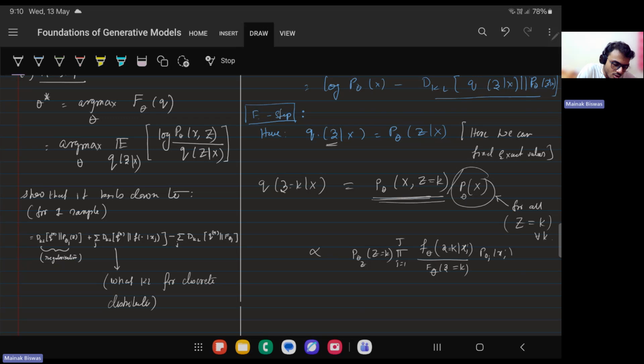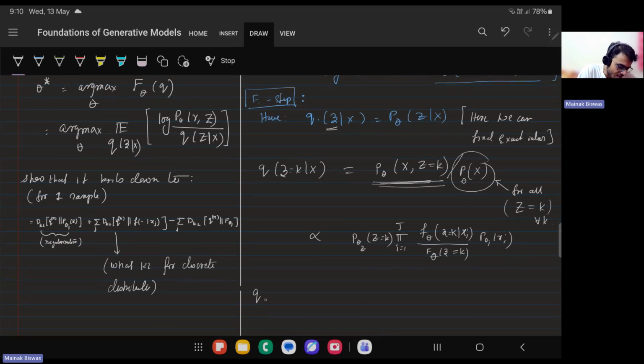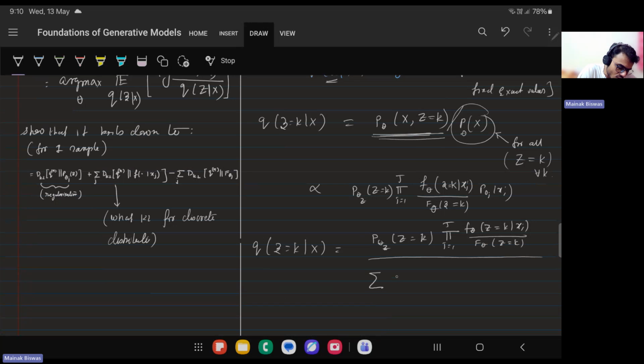So z equal to k given x can be written as p theta of z equal to k, times the product over j equal to 1 to J of f theta of z equal to k given x_j, divided by the summation over L equal to 1 to K categories, capital K categories, of p theta of z equal to L, times the product over j equal to 1 to J of f theta of z equal to L given x_j.